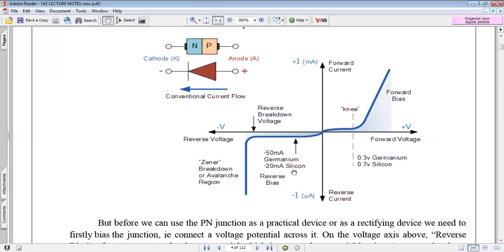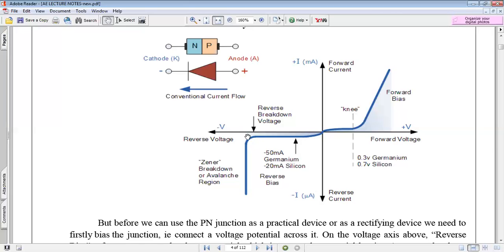But practically, if the material is germanium, this is up to 50 milliampere, and in case of silicon, it is 20 milliampere. This is quite a small value of current. This is the current which flows in reverse bias.